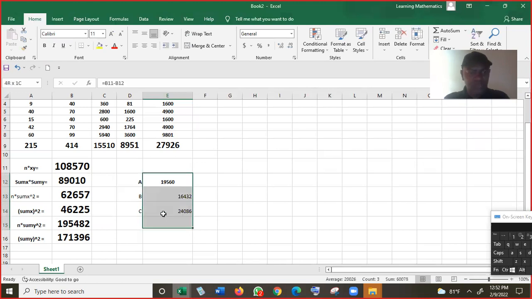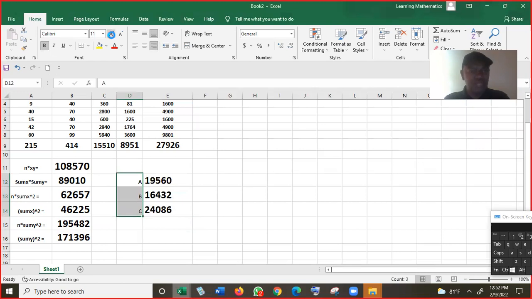So as you can see, we have reduced 6 numbers to 3 numbers. Okay, so these are the 3 numbers we're going to substitute into the formula, to make things a little simpler. So here you have A, B, and C, and these are the values we're going to substitute into the formula.